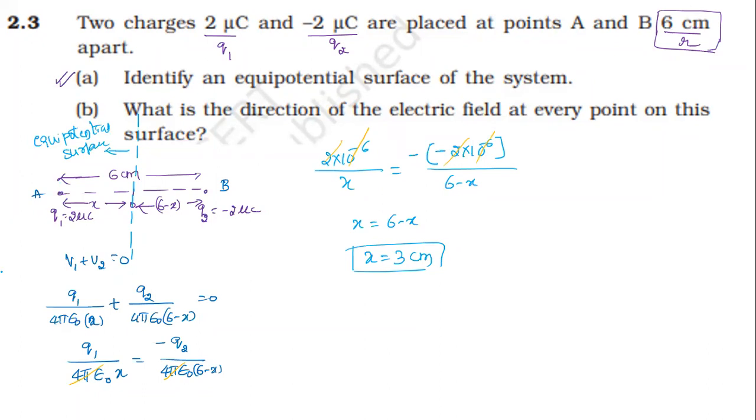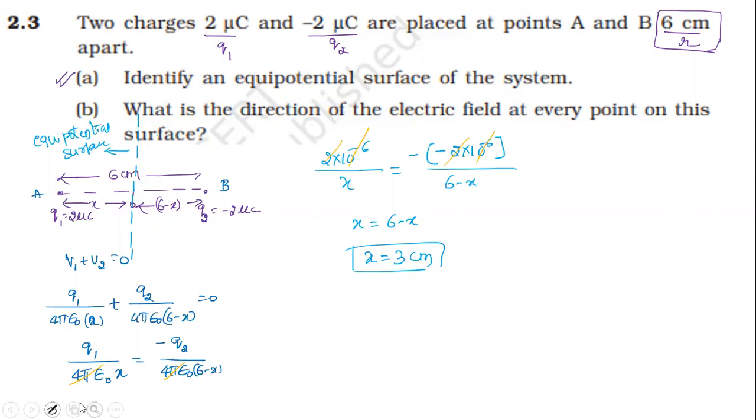Look at the second part of the question. What is the direction of electric field at every point on the equipotential surface? We have discussed this when doing the properties of equipotential surface. Electric field is always perpendicular to the equipotential surface. It will always make an angle of 90 degree with the equipotential surface. But left or right?